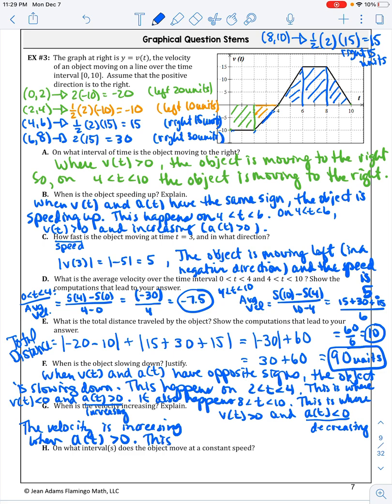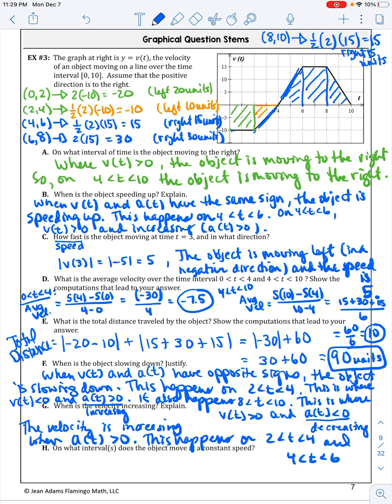And this happens on that 2 to 4 and 4 to 6. Okay, so you've got a positive slope here and you've got a positive slope here. So that's when velocity is increasing.